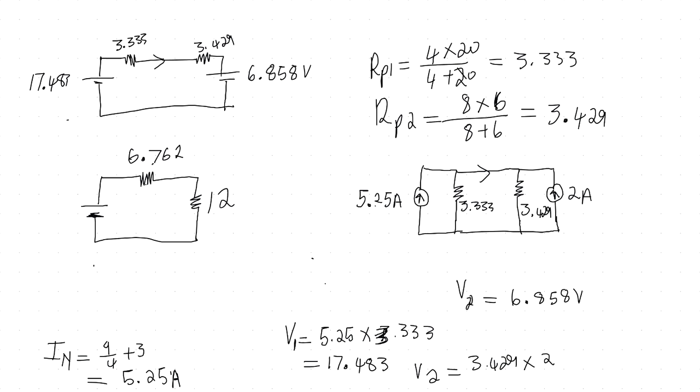It's going to give us what? 10.625 volts. So that will be our RL, and this one is going to give us R Thevenin.